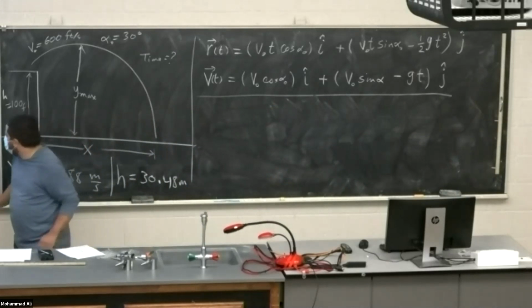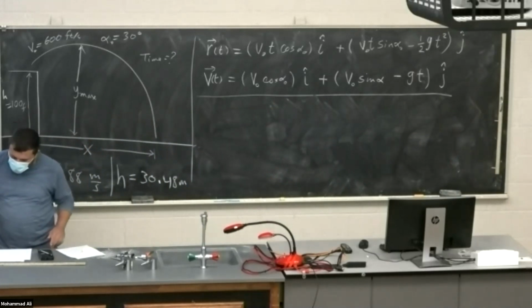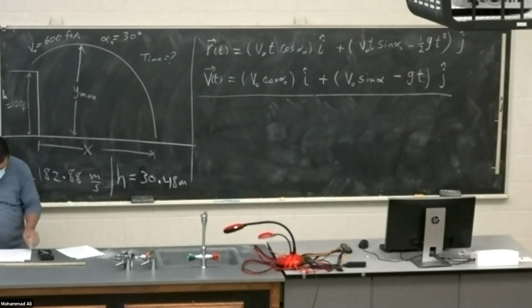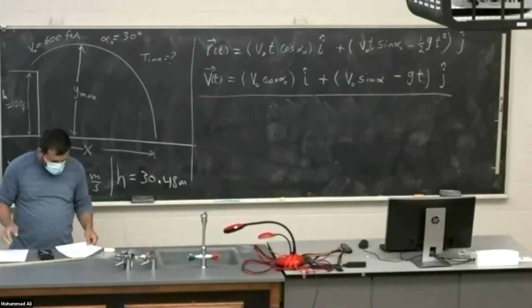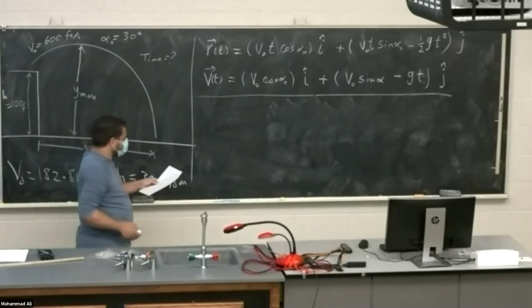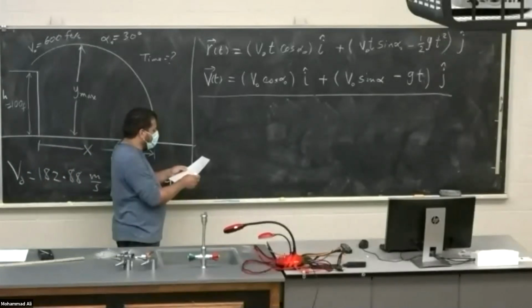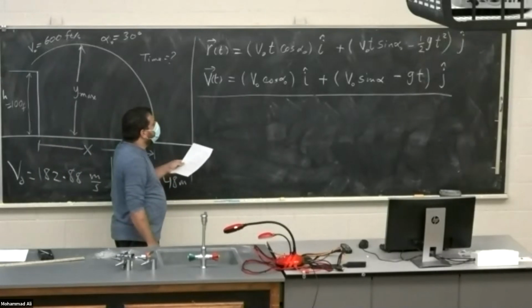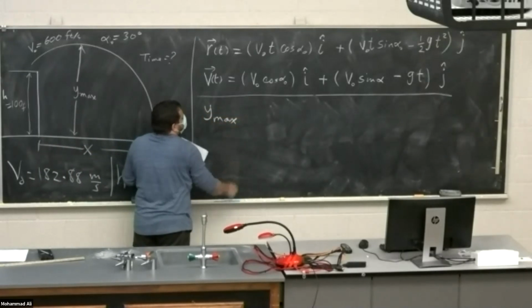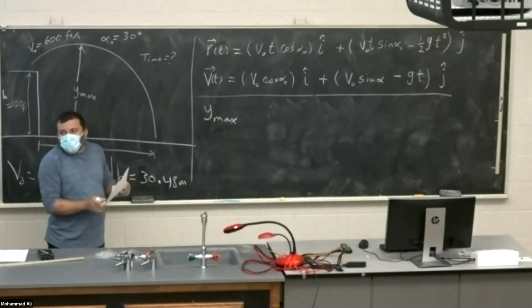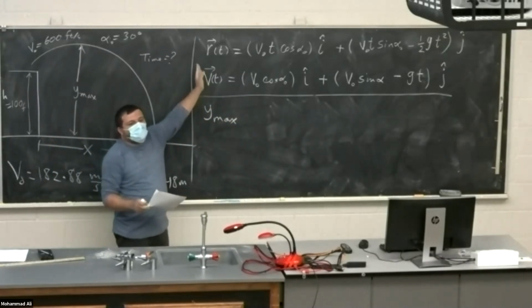Now, the maximum height. I need y max. What should I use, the velocity vector or the position vector?